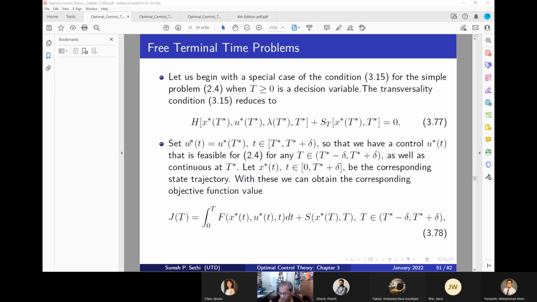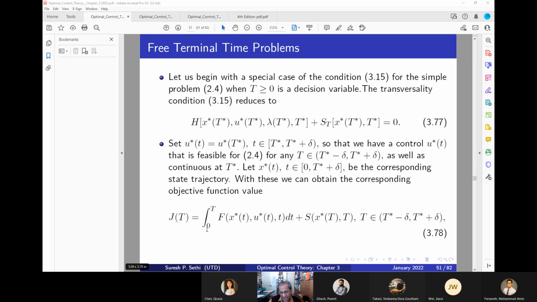That means the modified U star is continuous. I can then find the corresponding trajectory for that control. And that certainly is differentiable, because you integrate the control to get the trajectory. So I have a differentiable trajectory.